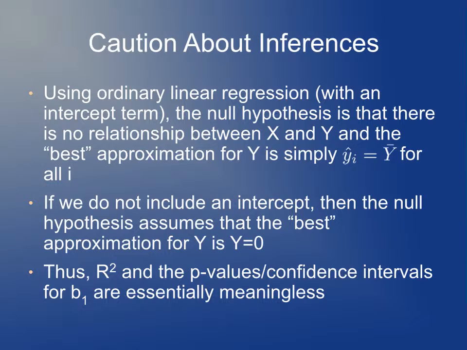If you didn't follow that, don't worry about it, but the point of this discussion is that if you do regression through the origin, unless you want a null hypothesis that every single value of y is equal to 0, which in the vast majority of cases you know is false, you'll get wildly inflated R-squared and p-values, and the corresponding confidence intervals will be meaningless as well.